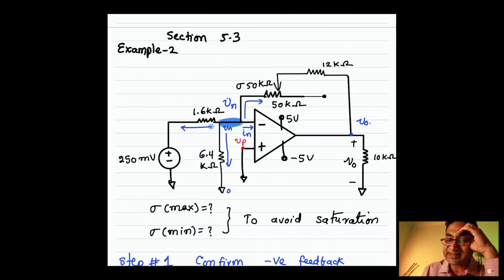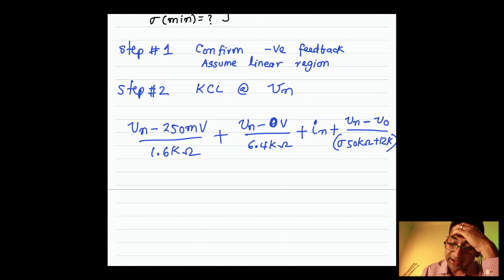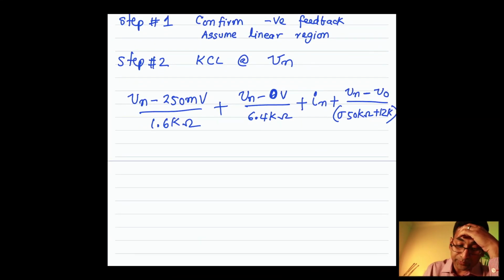Why is that the case? Because sigma 50 kilo ohms is in series with 12 kilo ohms. So pretty simple, I have a series combination. Now that's step number 2.